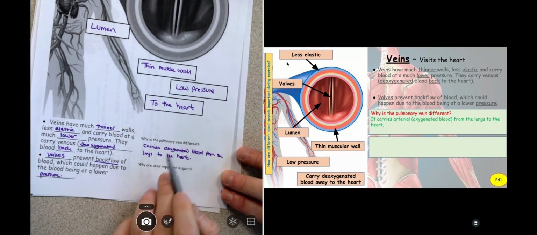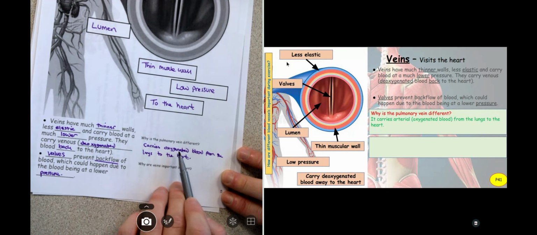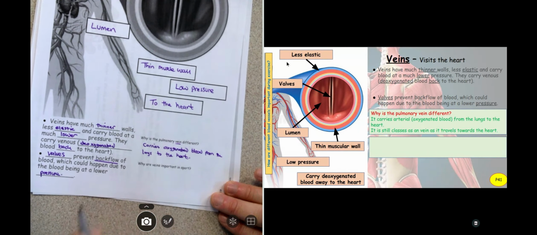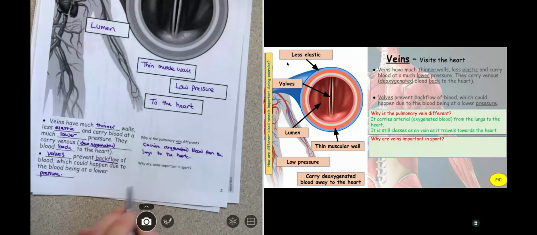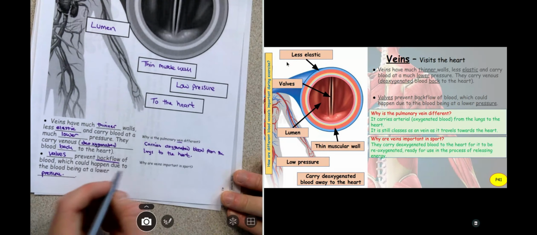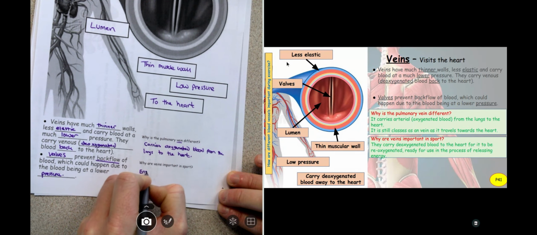So again, we can't say veins carry deoxygenated blood because this one is different, but it's still classed as a vein because it's visiting the heart. And then why a vein's important in sport is it ensures blood is returned to the heart.